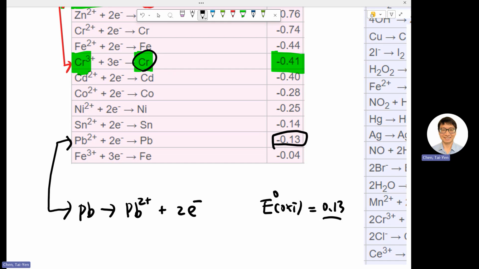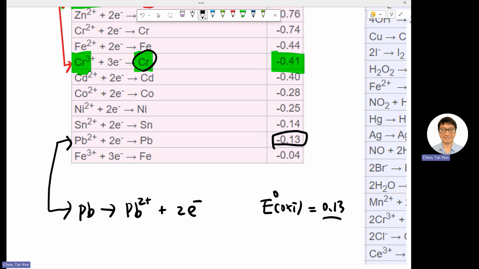But your textbook or your exam will only provide you the reduction potential. Therefore, you first have to generate your own oxidation potential table, so you can use the same principle to make the judgment properly. Is that clear? Then you can answer correctly every time.